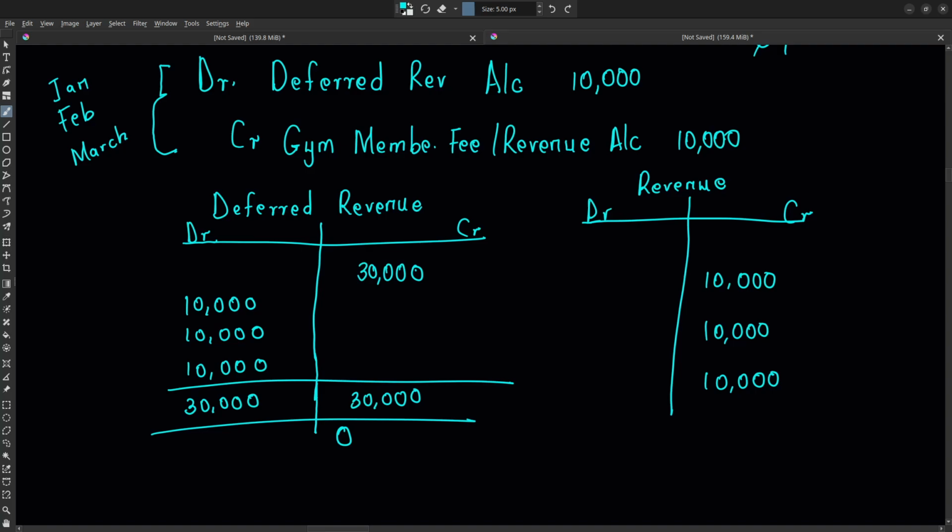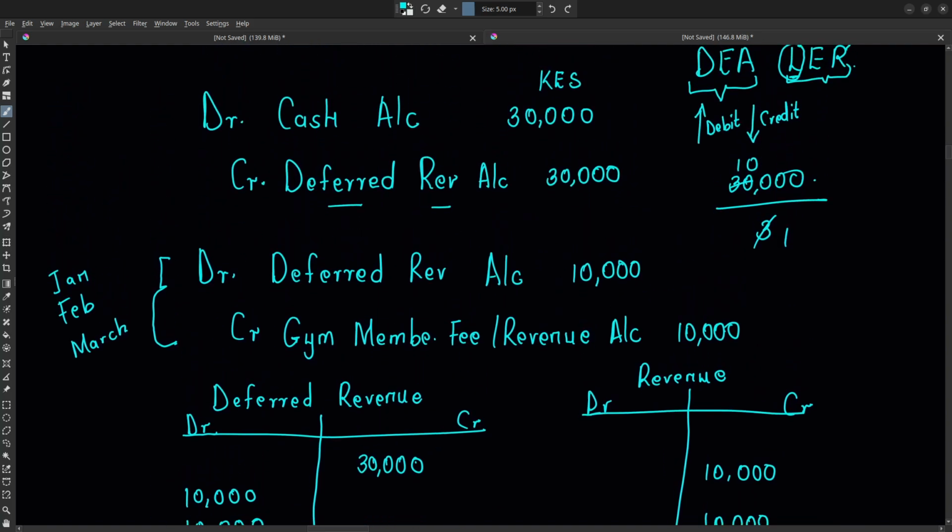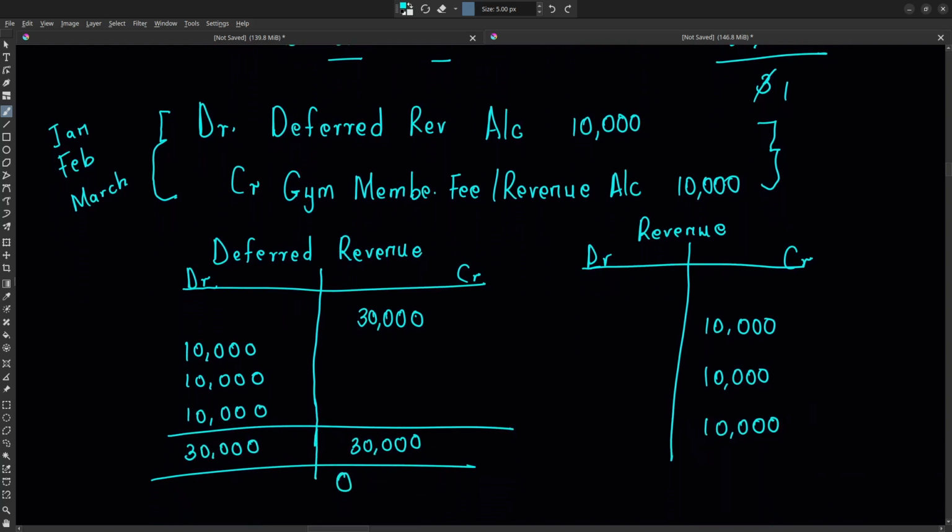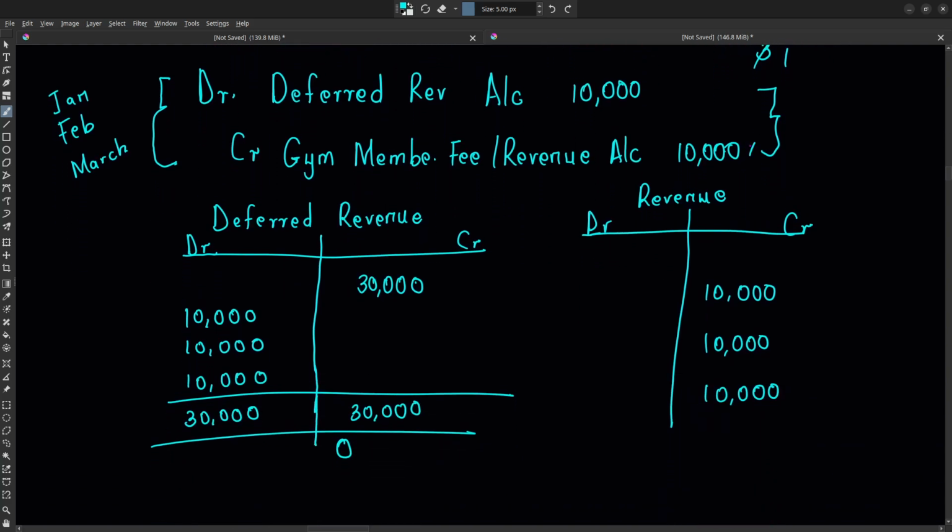Remember at the beginning we recognized the cash, and credited deferred revenue. Then over the 3 months, at the end of each month, we are going to pass the double entry. So this is where we are taking 10,000 for January, 10,000 for February, and 10,000 for March.